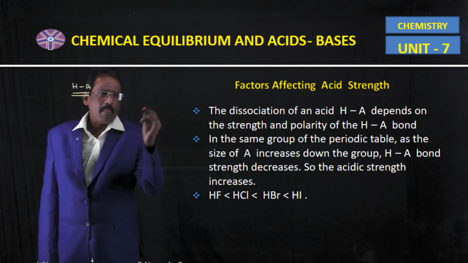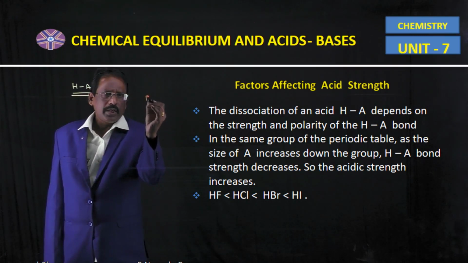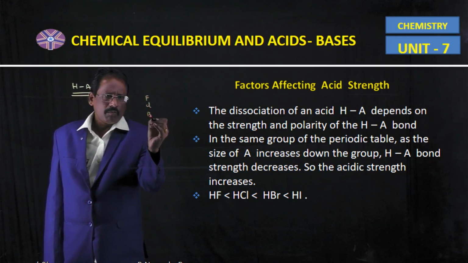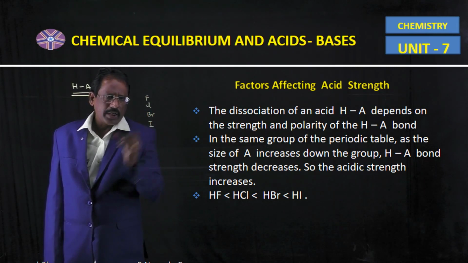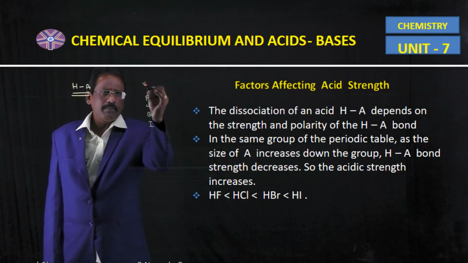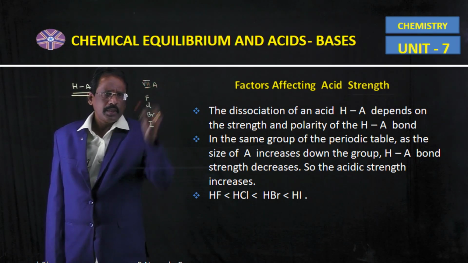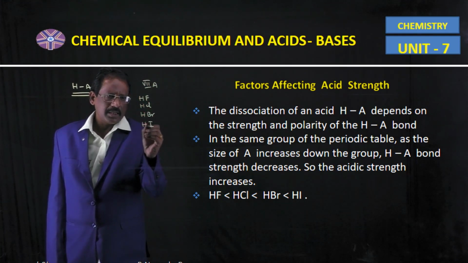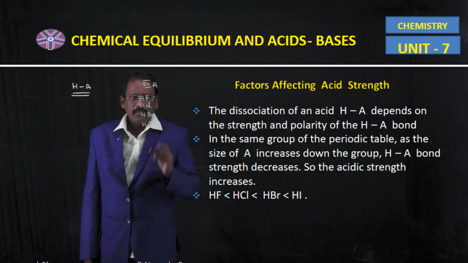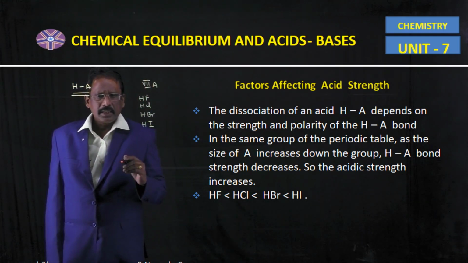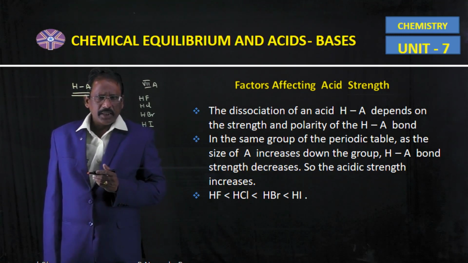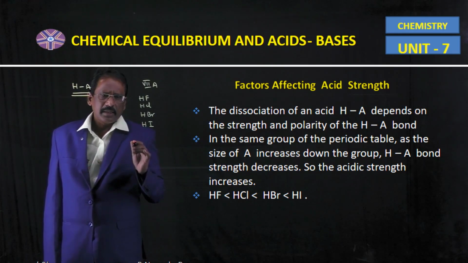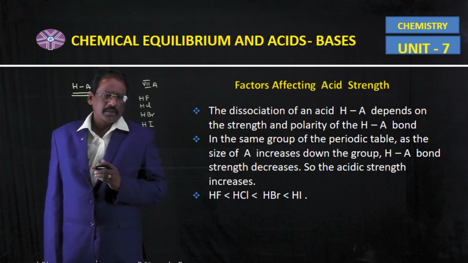For example, fluorine, chlorine, bromine and iodine belong to the same group. If they form acids HF, HCl, HBr, HI, among these four acids, the dissociation of the HA depends upon the strength of the bond.